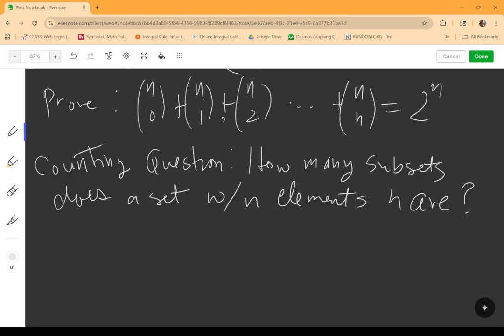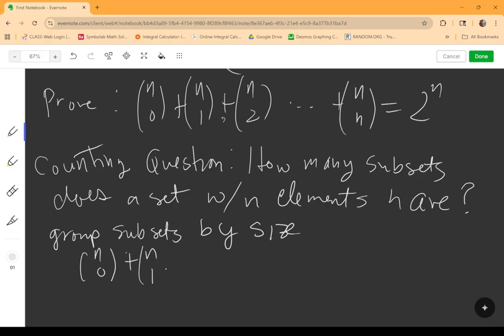So here, group subsets by size. And then that gets us n choose 0 plus n choose 1, etc., until we get to n choose n. And that'll get us the correct answer.